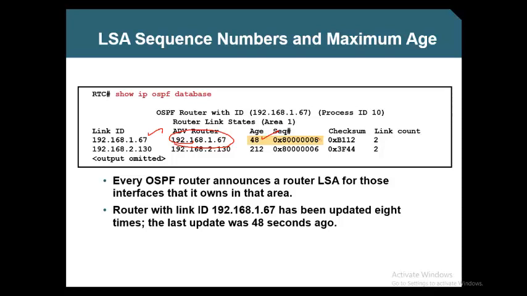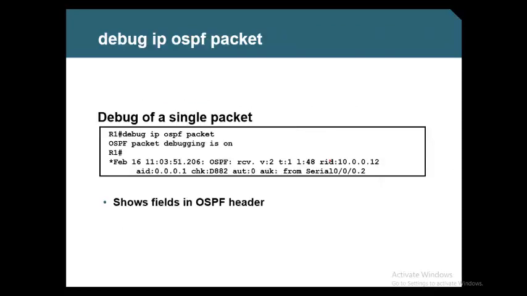That was the 8th update, the 8th change about the network. Likewise, about this, the 6th update was received about 212 seconds ago. This I already showed you, captured by debugging.